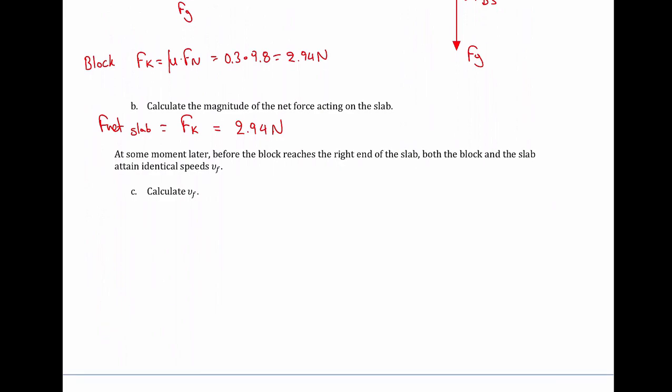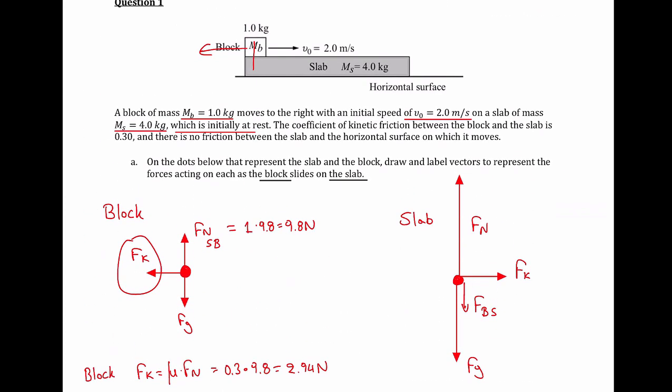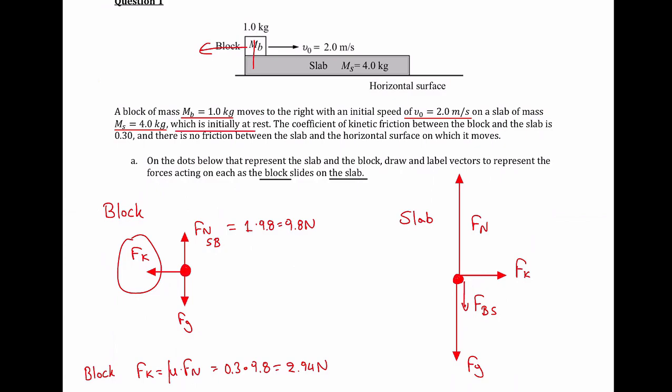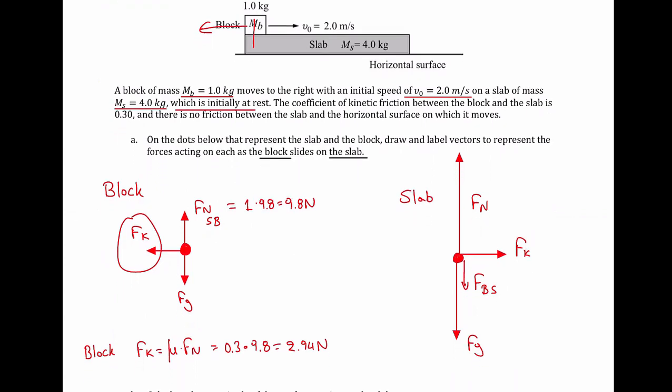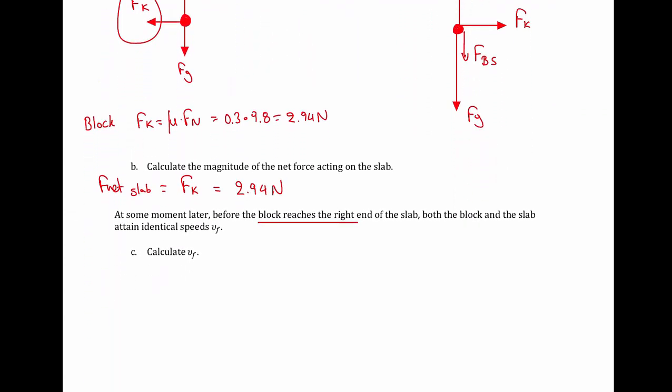Then it is mentioned that the block reaches the right end of the slab, so the block is moving for some distance that I think is not given, and both the block and the slab attain identical speeds, and we're going to find this speed.